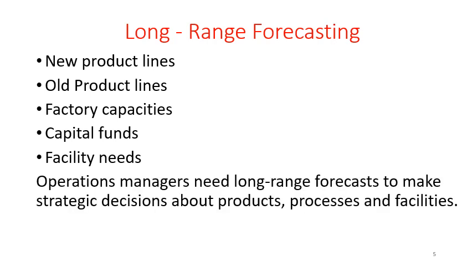Now these operations managers need long range forecasts to make strategic decisions about products, processes and facilities. For example, in long range forecasting, if I talk about say ventilation systems, which comprises your HVAC segment where even ventilation comes into picture. You have different types of air coolers, different types of exhaust fans.